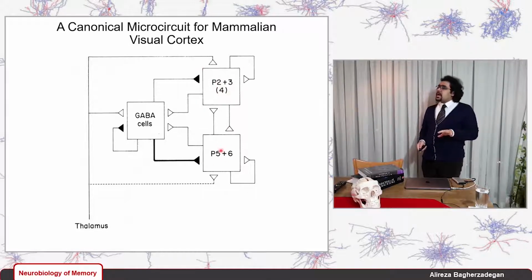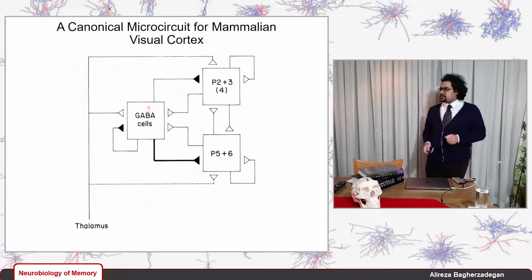Then we have another population of excitatory neurons at deeper layers, layers 5 and 6. And as I told you, we have a population of inhibitory neurons, which are also called GABAergic cells.